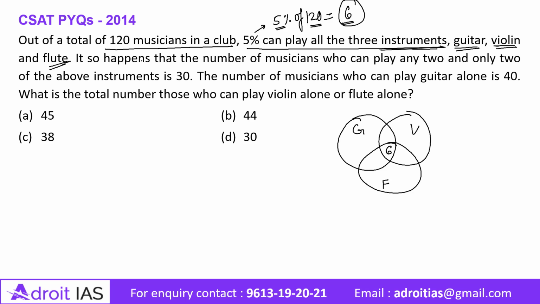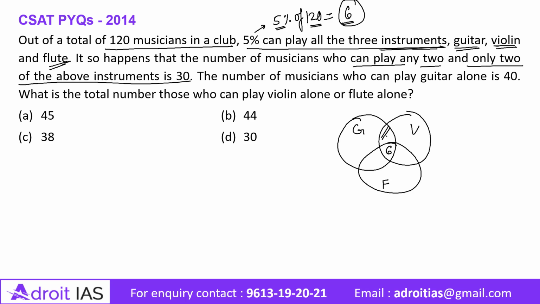Okay, it so happens that the number of musicians who can play any 2 and only 2 of the above instruments is 30. Okay, everyone, any 2 and only 2. So let me tell you which region is telling you about any 2 and only 2.